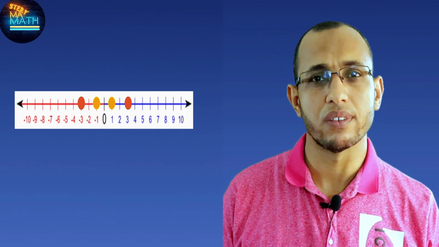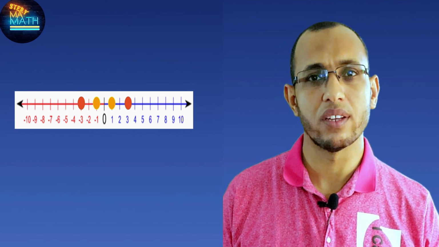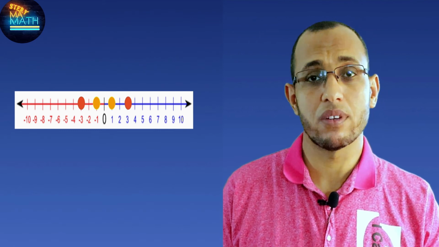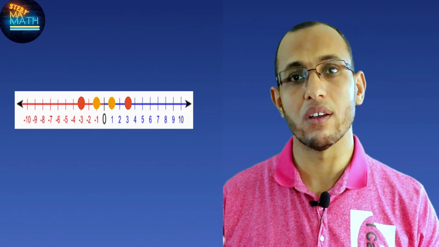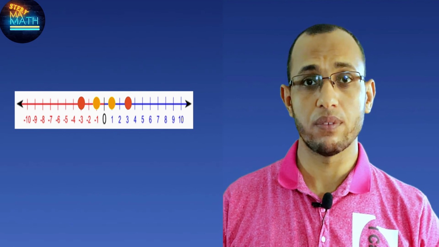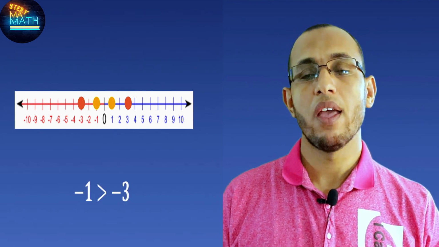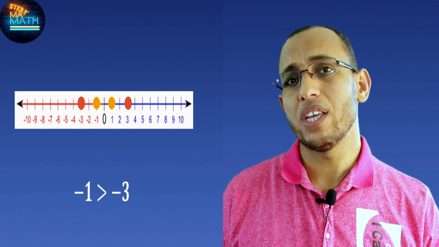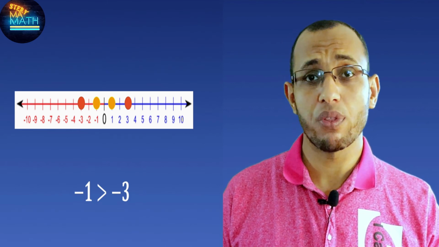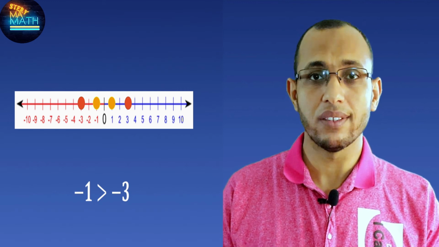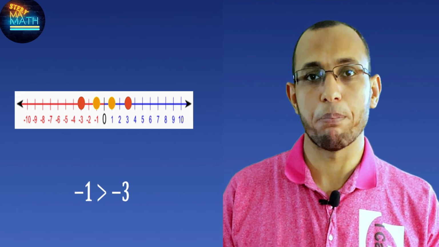So which one is bigger, -3 or -1? Of course, -1 is bigger because -1 is to the right of -3. So -1 is greater than -3. And that's why if we multiply or divide both sides of an inequality by a negative number, we have to flip.